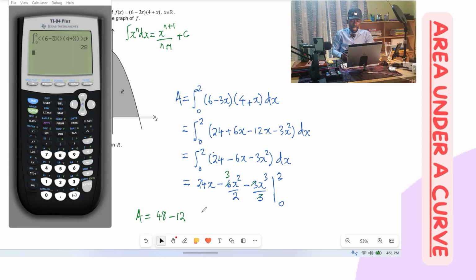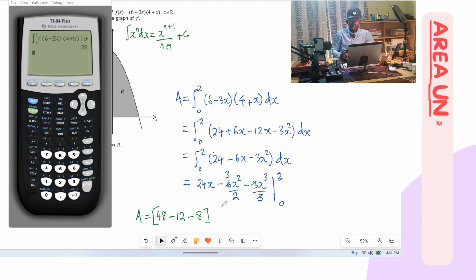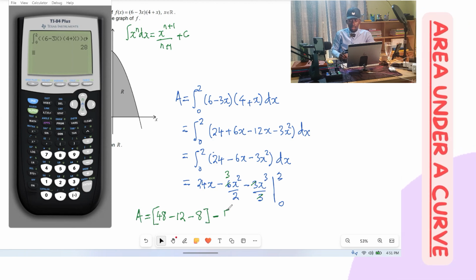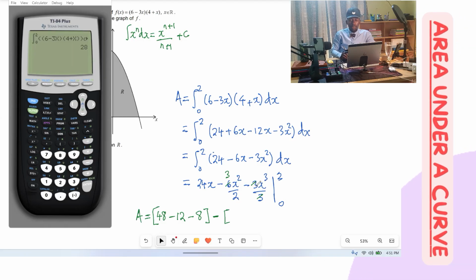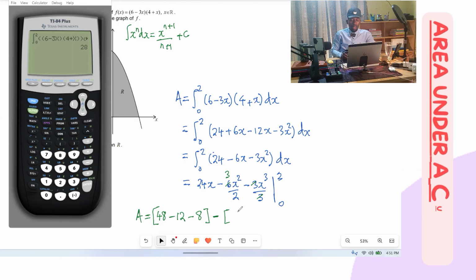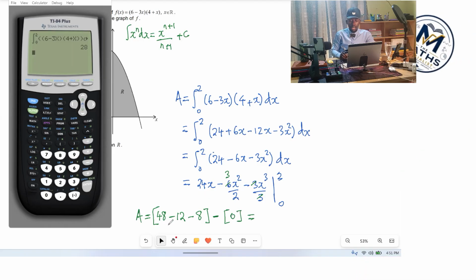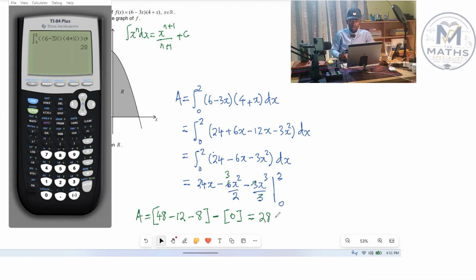So this is the upper limit. Subtract the lower limit. We substitute 0 into the result of the integral. Technically, if you substitute 0, all of it will give you 0. So 48 minus 12 minus 8 gives us 28 units square.